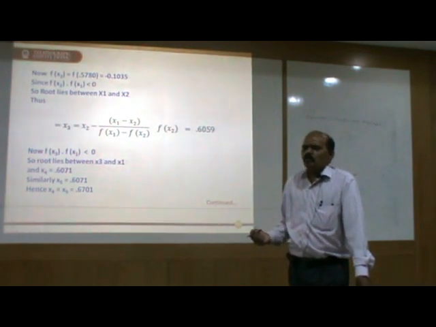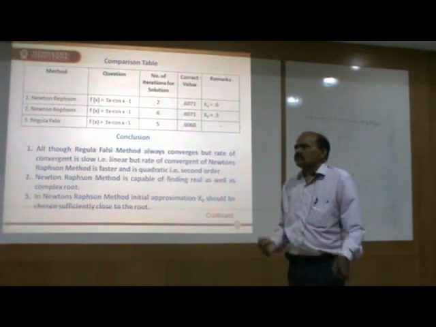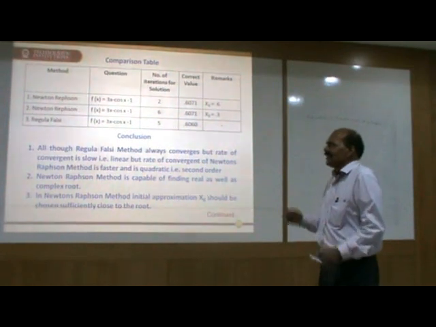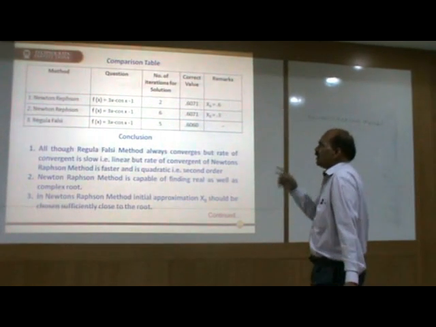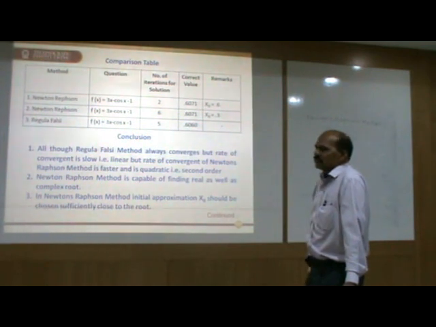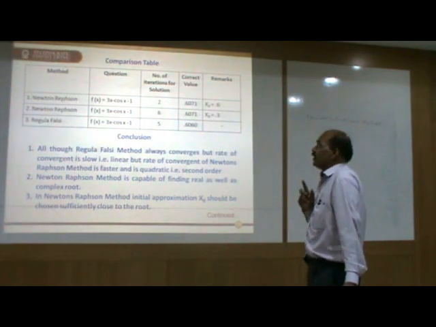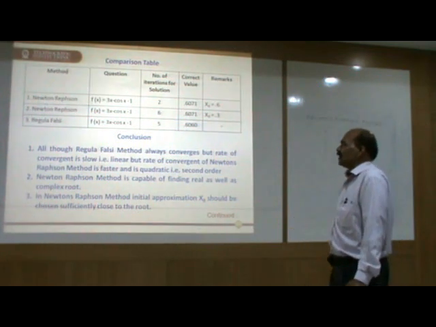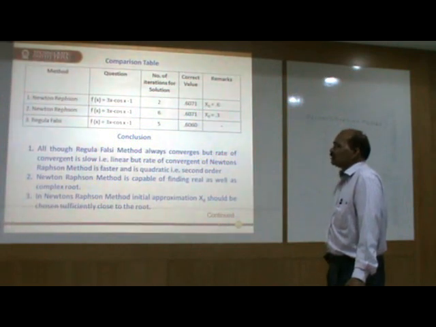So now I would like to conclude by solving this question. In the case of Newton's Raphson method, when we have taken x0 as 0.6, then our root was obtained in 2 iterations, meaning in 2 approximations, and that was 0.6071.